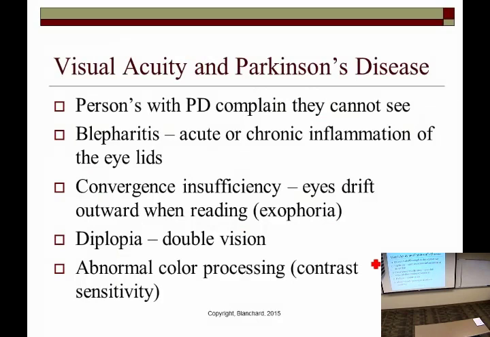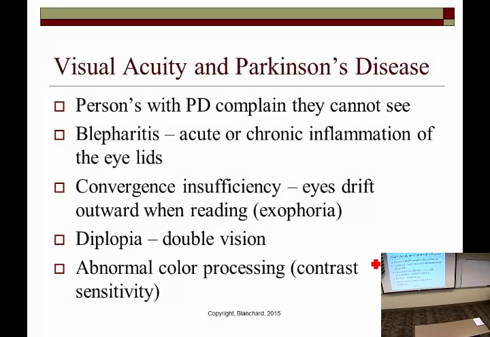So visual acuity in Parkinson's disease. A lot of clients with Parkinson's say they can't see. Blepharitis. Sometimes they have inflammation or chronic inflammation of the eyelids. That needs to get taken care of by the ophthalmologist or the optometrist before they see us. Okay? Sometimes their eyes will drift outward.